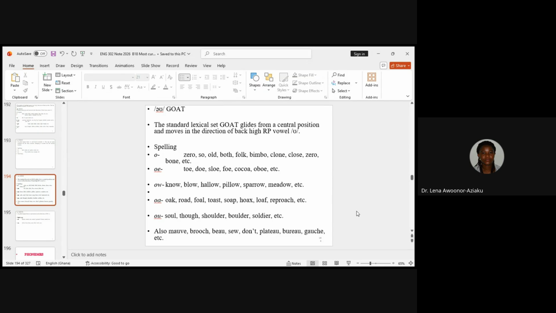For the purpose of your teaching, let the student know that this vowel is not an O vowel. Call it a goat vowel. So bow, ho, do, slow.